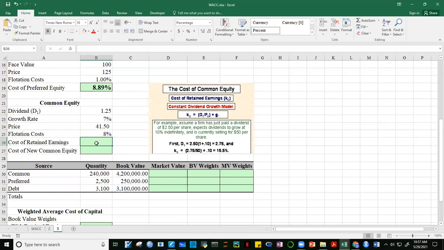Okay, so let's compute for this. It's equal to our dividend at D1. Ito na yun, D1 na yun, no? So D1 na siya, dividend at year 1. Okay, then divided by the price. The price is this one. Okay, so wala tayong flotation cost na i-adjust. And then plus the growth rate. The growth rate is 7% there.